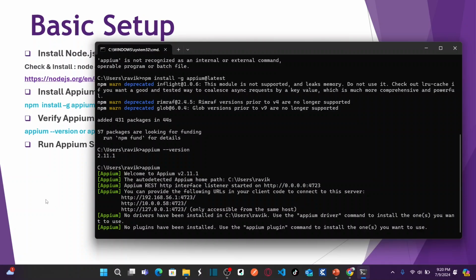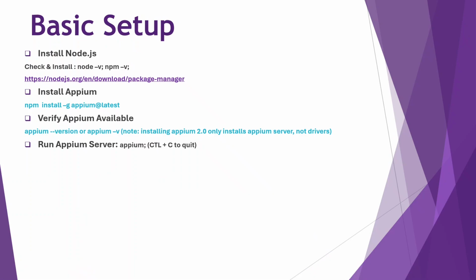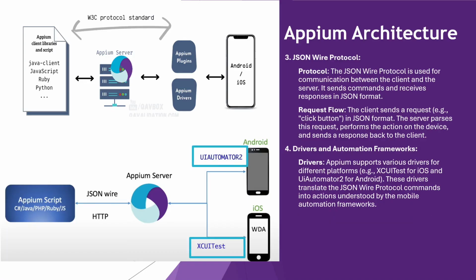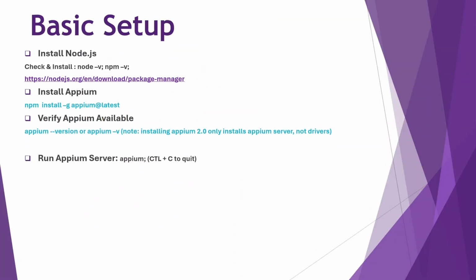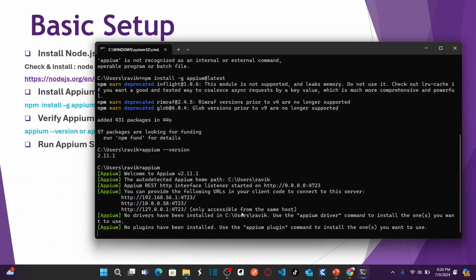If you remember correctly from our previous slides, the Appium plugins and Appium drivers are separated from the Appium server in the recent versions. So keep that in mind. That means even though you install the Appium server, you need to install plugins and drivers separately. That is the reason you can see that warning.